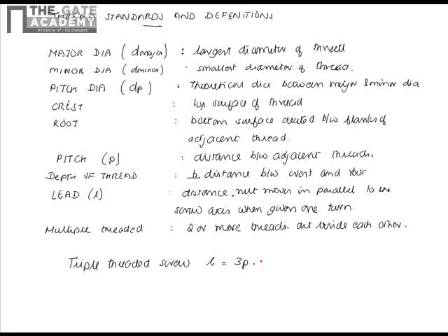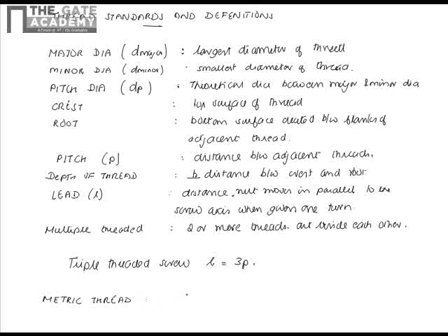Different types of threads are available in the market, mainly metric thread, unified thread systems, Acme thread, square thread, knuckle thread, buttress thread, etc. In our place, the most commonly used is the metric thread. Metric thread is most commonly used in India, and metric threads are specified by writing diameter and pitch in millimeters.